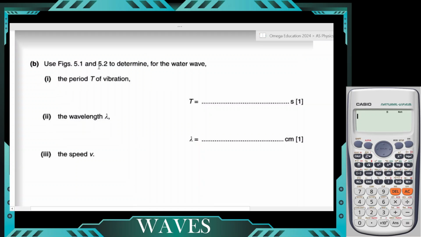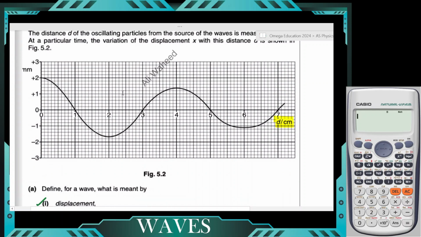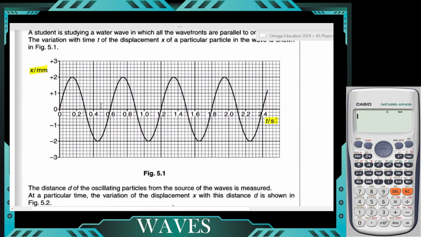Okay, so use figure 5.1 and 5.2 to determine for the water wave the period T of vibration. So let's find the period T first. The second graph, 5.2, is not going to help us because it gives the value of distance. In order to find the time period, you need to refer to the first one.